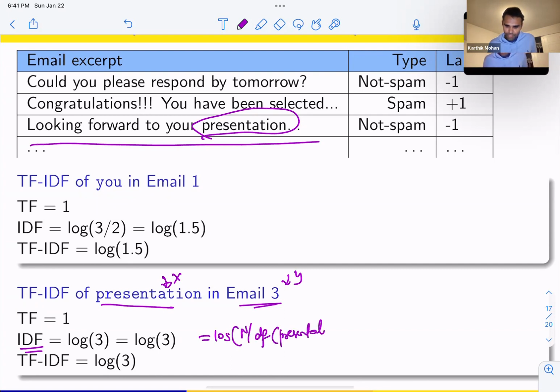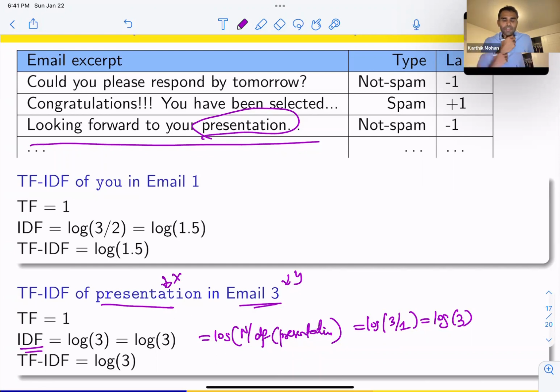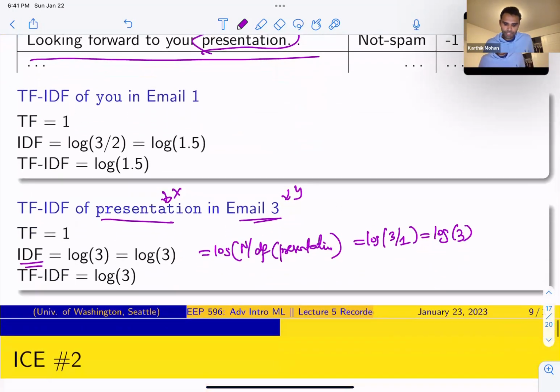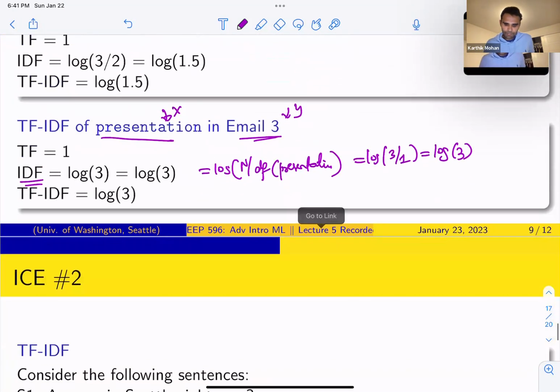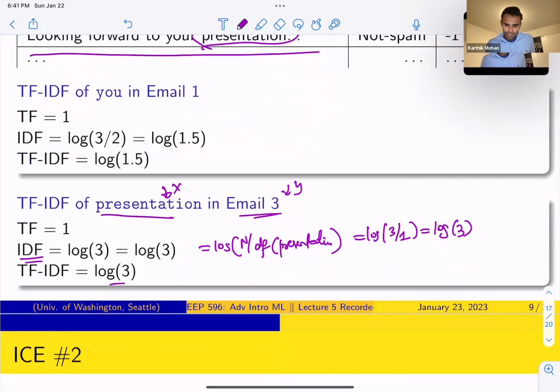Presentation only shows up in the 3rd email. It doesn't show up in the 1st or the 2nd email. So this is log of 3 divided by 1, which is log of 3. So you notice this has a higher emphasis. Presentation gets a higher emphasis through the inverse document frequency as compared to the word you. So the Tf-Idf of presentation is log 3.